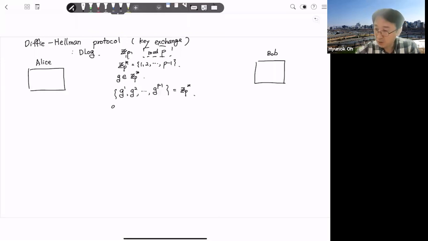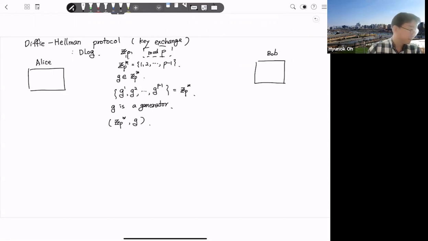That G is called a generator. So we assume that P is given and G is given. These are already publicly available.